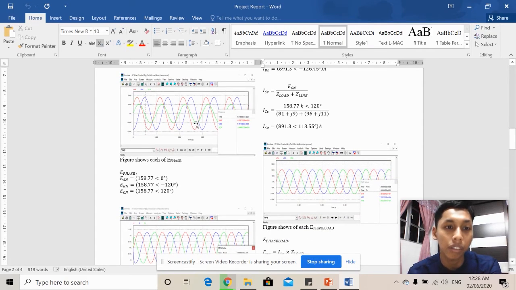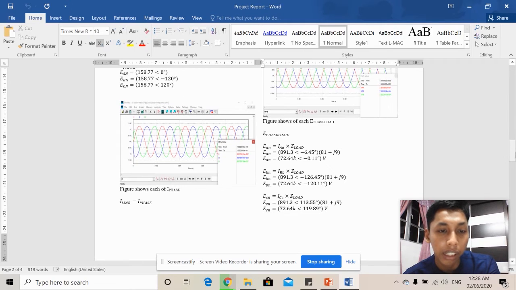Here is the result I get from the PSIM software, and you can see the graph, and below that the value that I already calculated. I use the value to compare with the result that I get from PSIM.